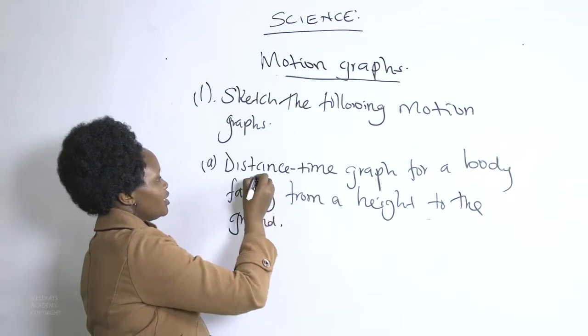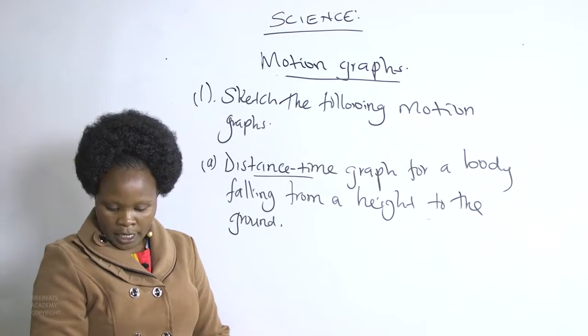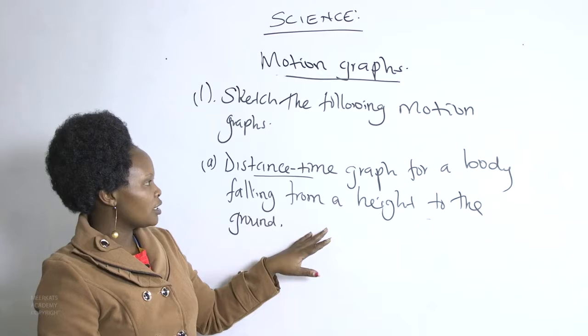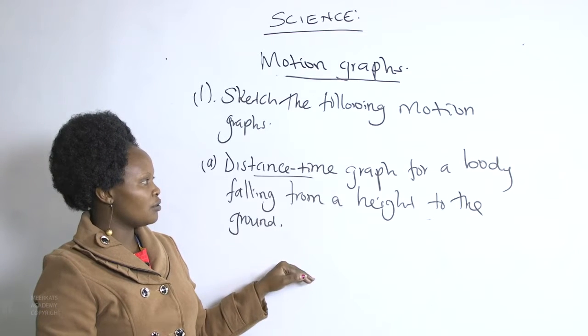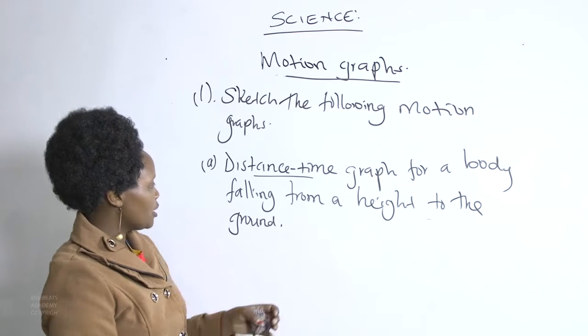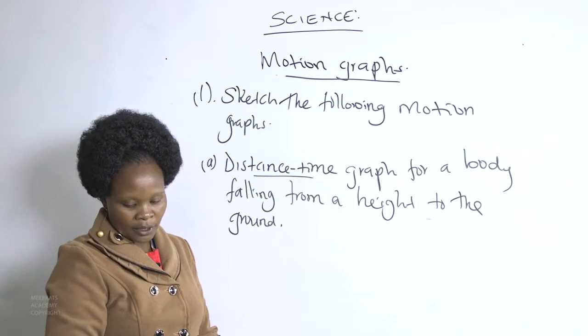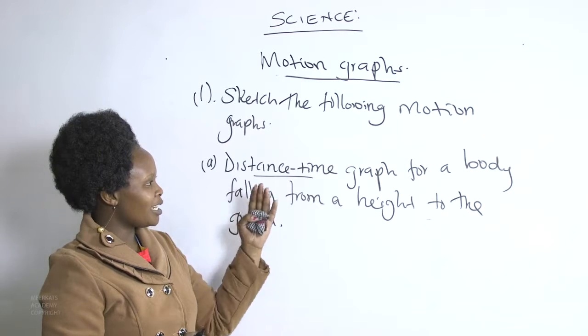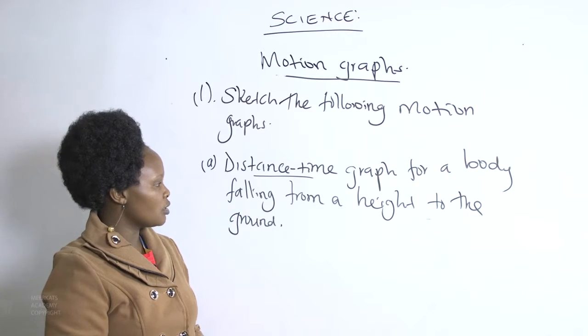We are talking about distance time graph. Again, we agreed that when a body is falling from a height, it is acted upon by the force of gravity, which makes it accelerate uniformly downwards.